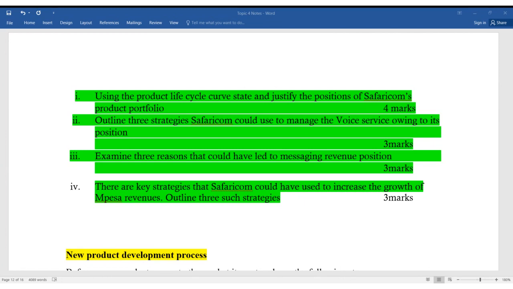Now, what was the messaging? Where is the messaging revenue position?